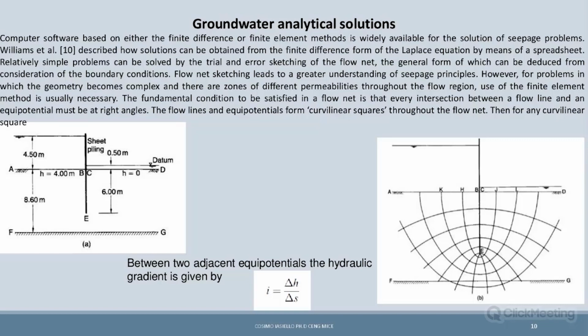And to calculate the flow net, you jump from one equipotential curve of the curvilinear shape to the next, to understand how many steps of hydraulic gradient I have to go through. Okay.